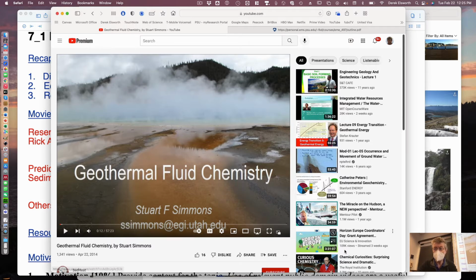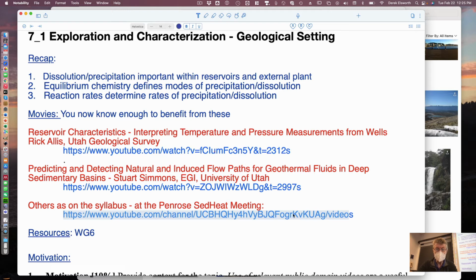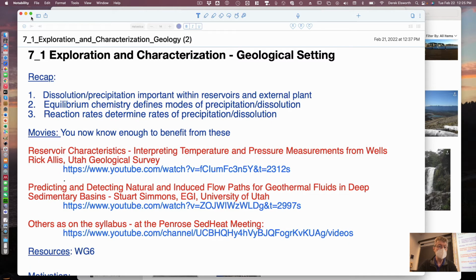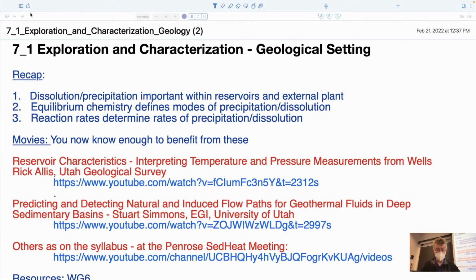That link I just hit is the link to all of them, and specific ones looking at interpreting temperature and pressure measurements in wells and also geochemistry are two particular ones that relate to what we've talked about. So you may or may not be interested in looking at those, but I mention them as a resource in the event that you are interested.